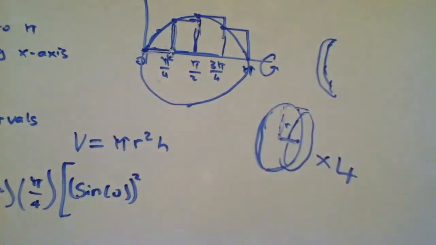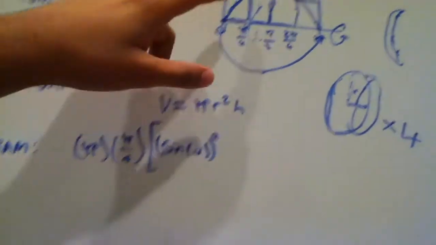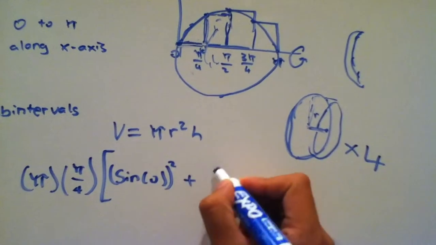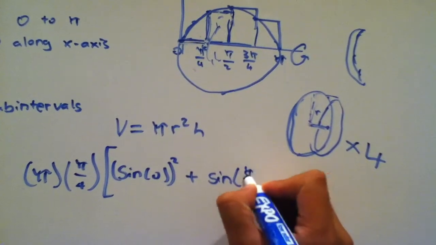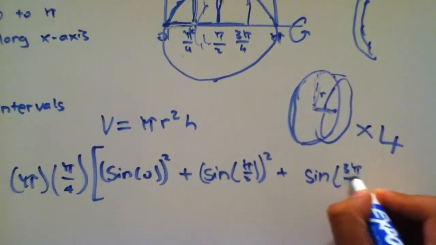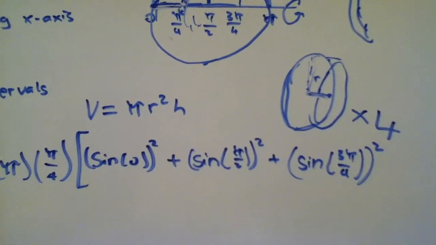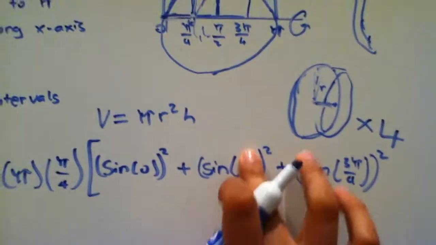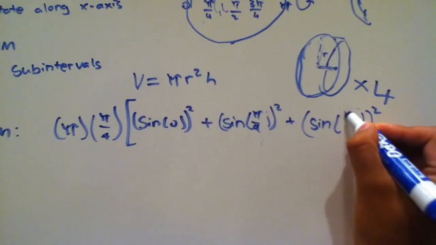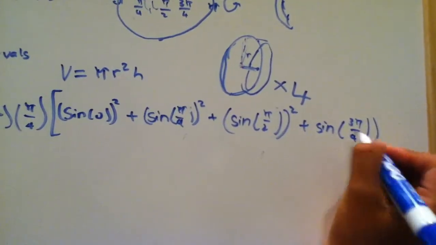These are actually cylinders rotated around, but these are the heights, or rather in this case the radii that we're using, plus sine of pi over 4 squared, plus sine of pi over 2 squared, plus sine of 3 pi over 4 squared.